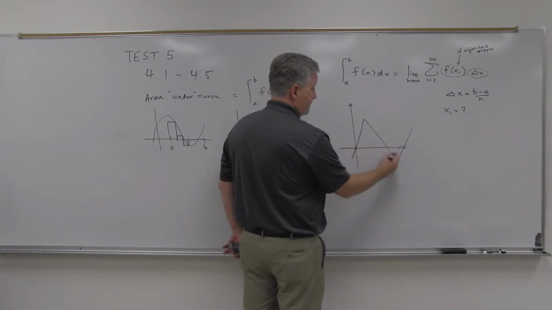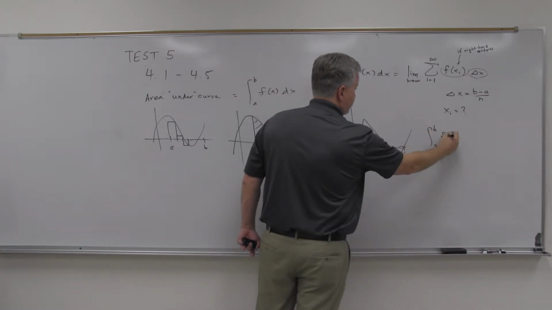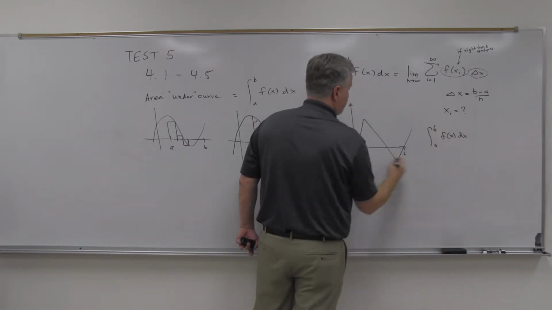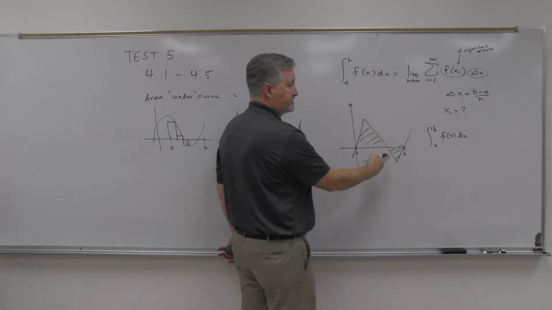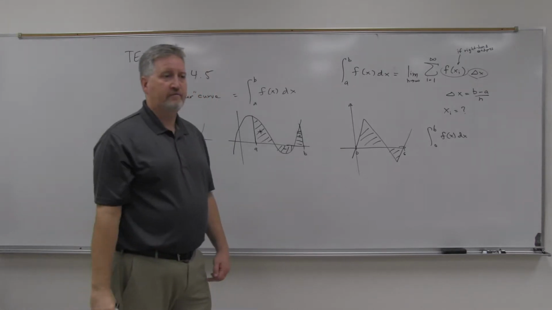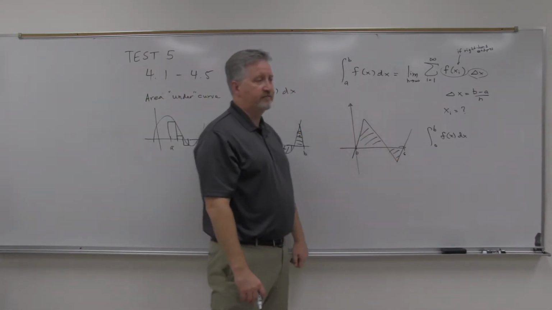If I'm going from here to here, let's say 0 to 6, the integral from 0 to 6 of f of x dx, we calculate this area and this area. Of course, that's a minus area. So we could calculate the integral by calculating these areas. You take that and minus that.